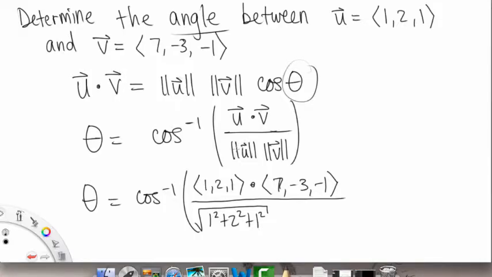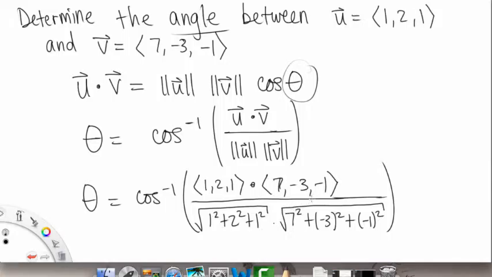If it's just magnitude to the first power, then we have to have that square root sign. And then the magnitude of v, we square its components, something that looks like this, squared, and have its square root sign there. Okay, so that's all inside the cosine inverse.